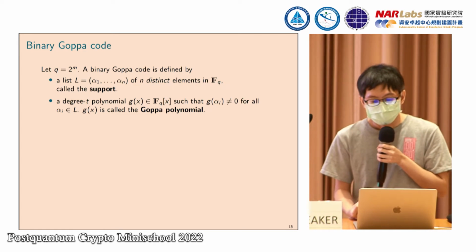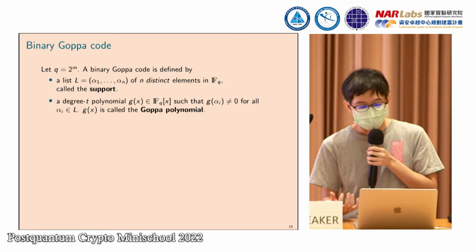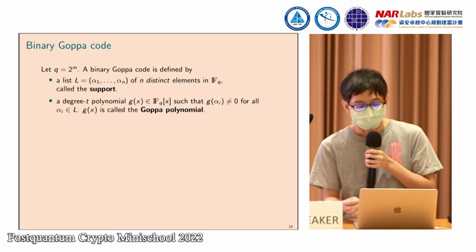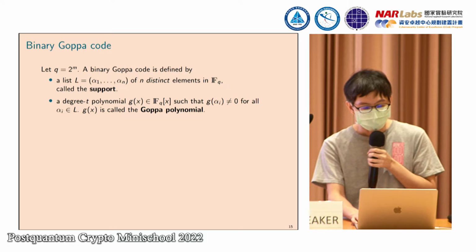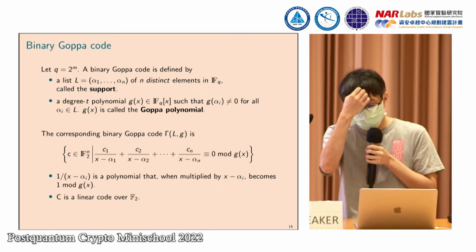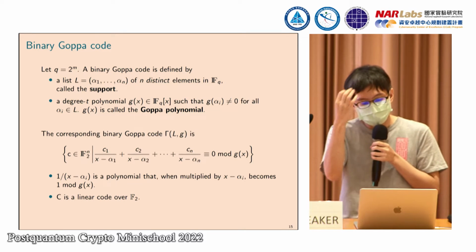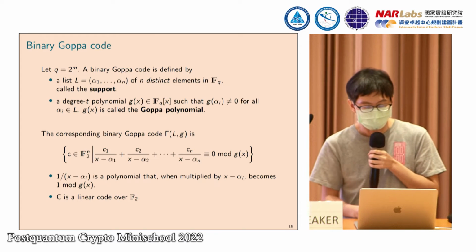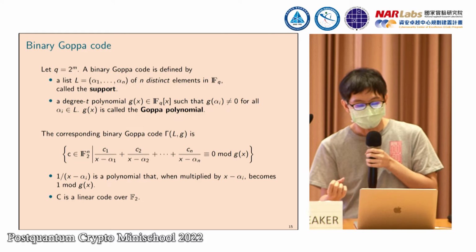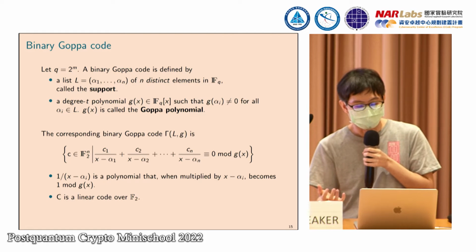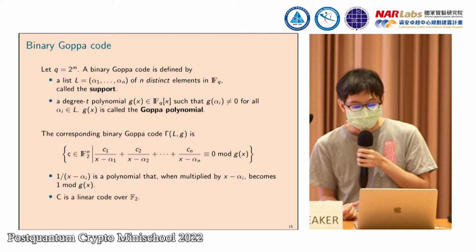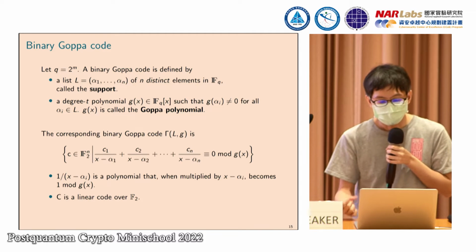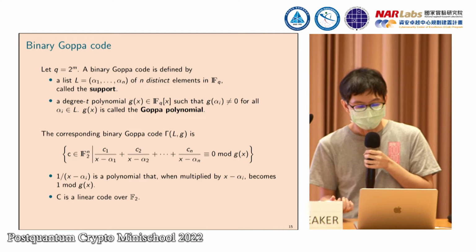We will call this polynomial g the Goppa polynomial. With these two elements, the support and the Goppa polynomial, you can create a binary Goppa code, which we usually denote as Gamma(L, g). And the definition is like what I wrote here.